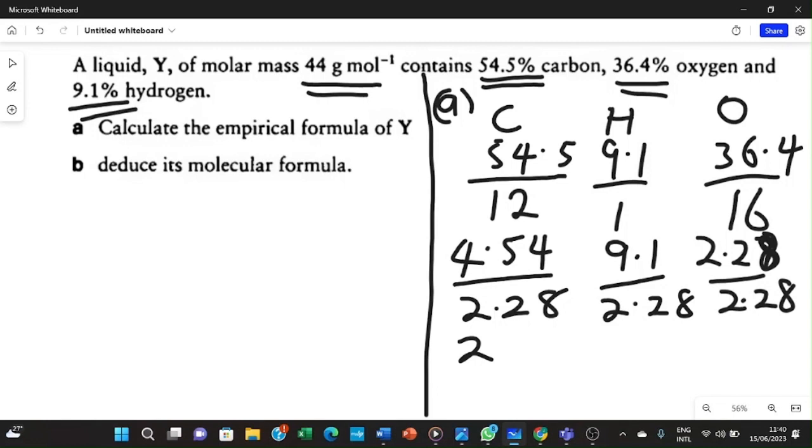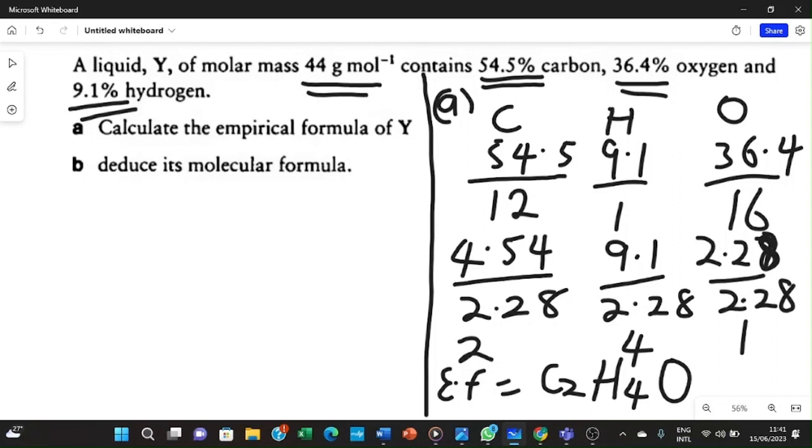Then 9.1 divided by 2.28 is 3.9, approximately 4. Then 2.28 divided by 2.28 is 1. So the empirical formula is C2H4O: 2 atoms of carbon, 4 atoms of hydrogen, and 1 atom of oxygen.